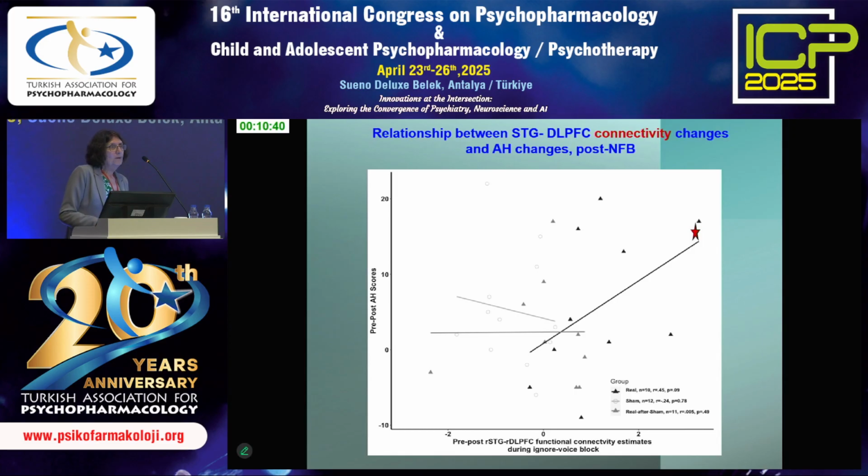Now, when we look at the relationship between different brain changes and reductions in auditory hallucinations, they really emerged only for the STG and dorsolateral prefrontal cortex connection, not any other connections that we have observed.